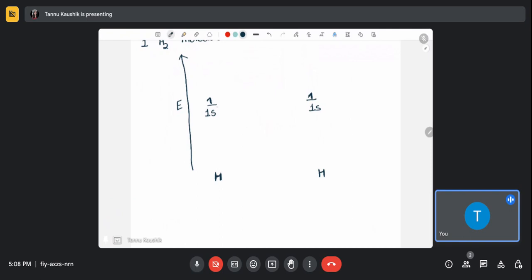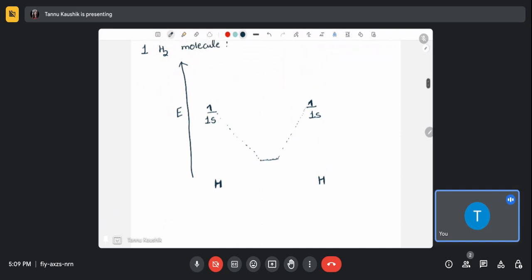Now these two atomic orbitals will interact to form a bonding molecular orbital, and we have already discussed in the last lecture how they form these bonding and anti-bonding molecular orbitals. This H2 molecule has the D-infinity-h point group, and since it has a center of symmetry, it has to be written with gerade or ungerade nomenclature.